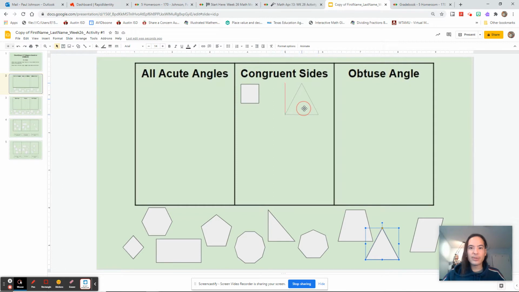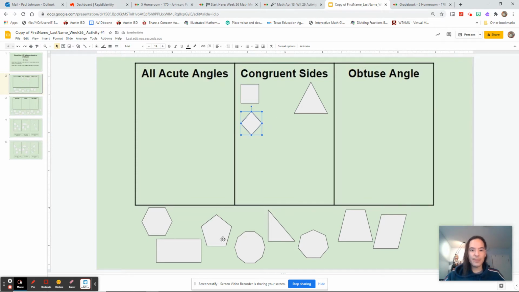This equilateral triangle also is going to have 3 congruent sides. What else down here looks like it has all sides the same length? We might even be able to say this rhombus looks like all 4 sides are the same.